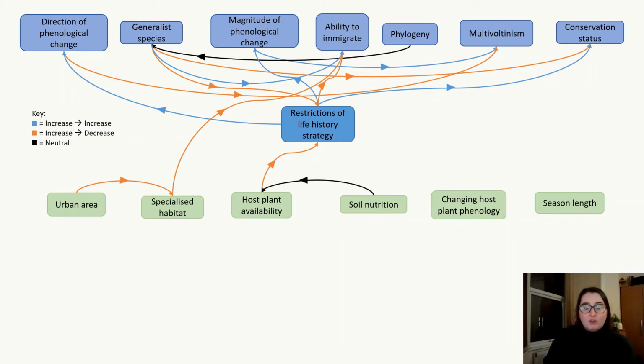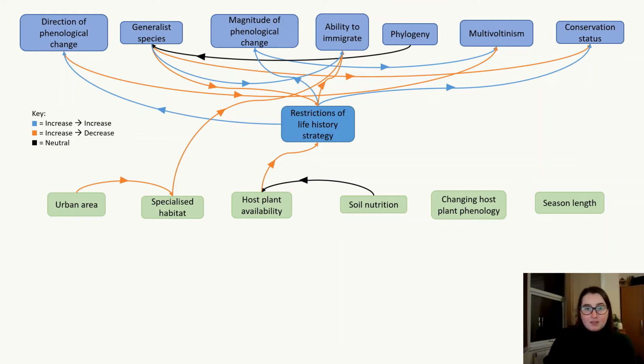And of course, soil nutrition impacts this. And we know that soil type changes throughout the UK. It's not a uniform type of soil. So obviously, as species start to move, they're less likely to get the plants that they're used to, because that plant might not be able to grow in the soil type in the area they're moving towards.